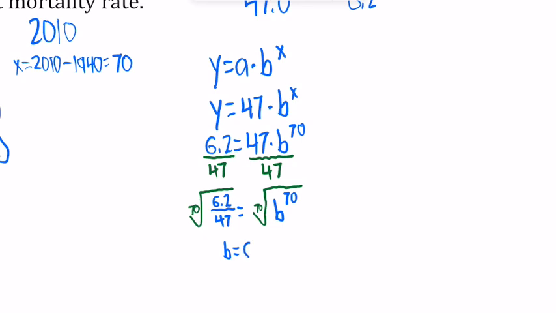So here I would put b as about 0.97148. That's rounding the result that I get off to 5 decimal places. So I can say the model that I need is y equals 47 times 0.97148 raised to the x.